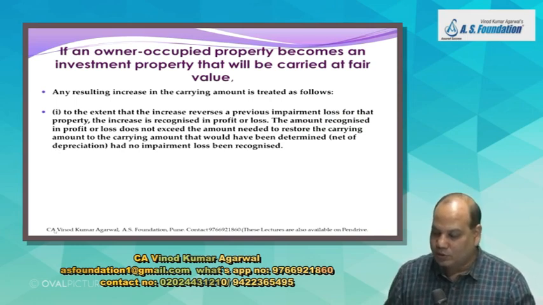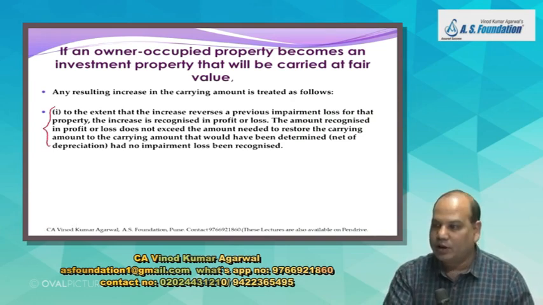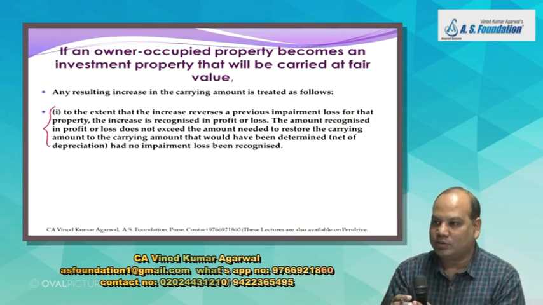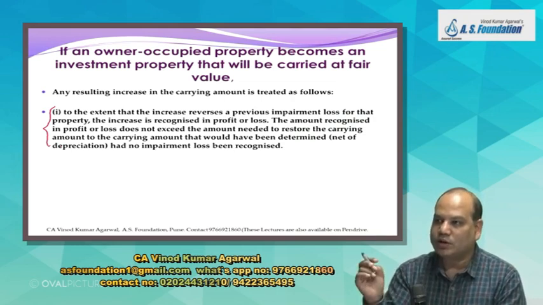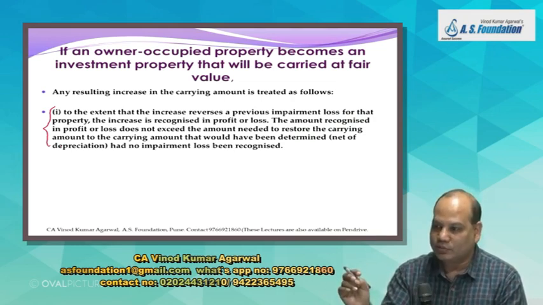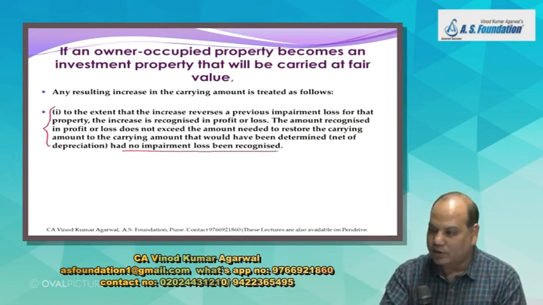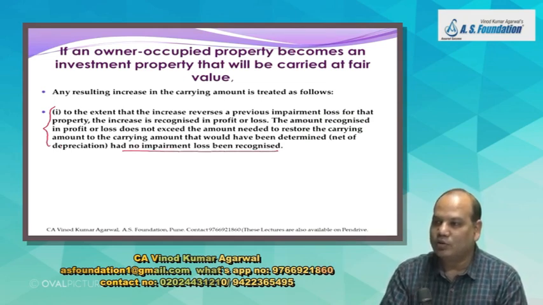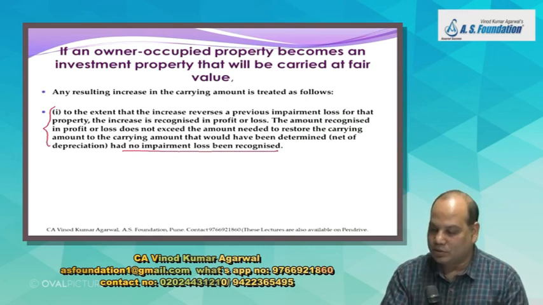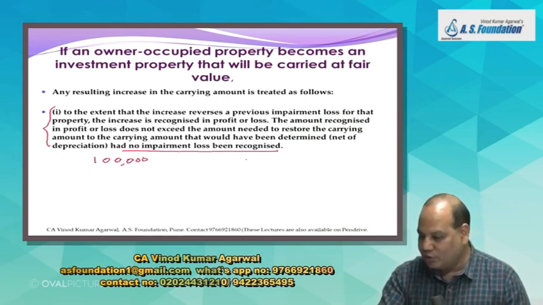The amount you will transfer to P&L account should be such that after reversing that amount, it should not exceed the carrying amount which would have been determined had you not provided the impairment loss. Suppose an asset was at 1 lakh. You have revalued it downward to 60,000 earlier.